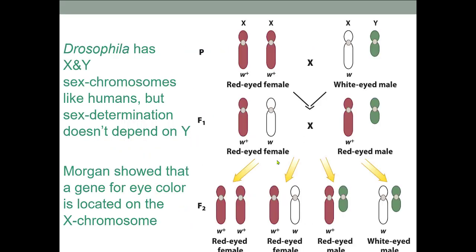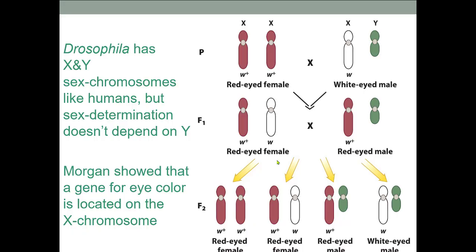So here's Drosophila. And this is, hopefully by now, a pretty familiar looking graph. Parental strains at the top, the F1 cross strains in the middle, and then we go down to an F2 generation at the bottom. What this is showing now is sex linkage. So we were looking at an eye color gene that's located on the X chromosome in fruit flies.